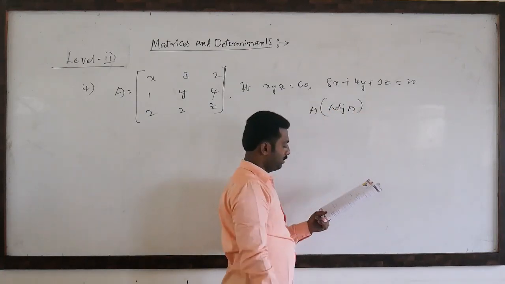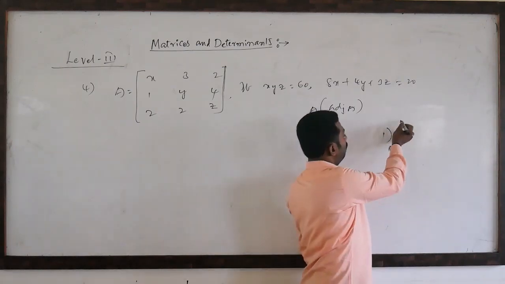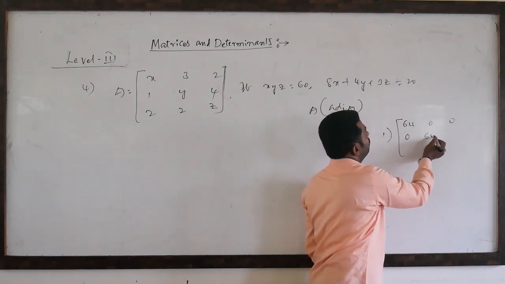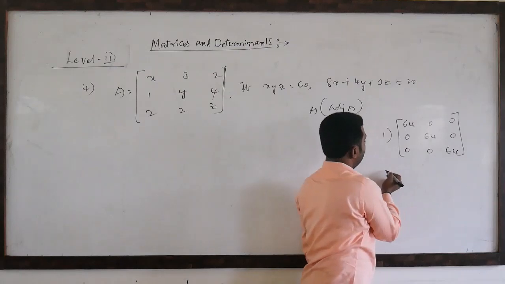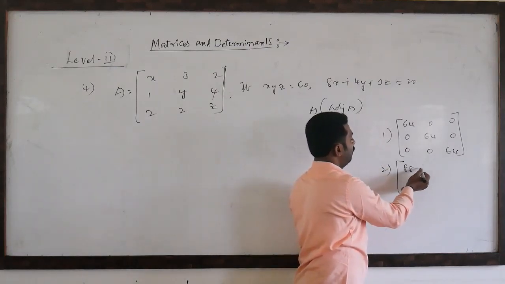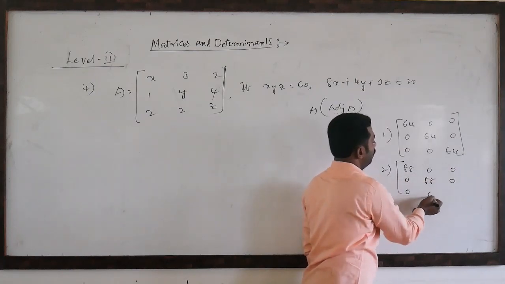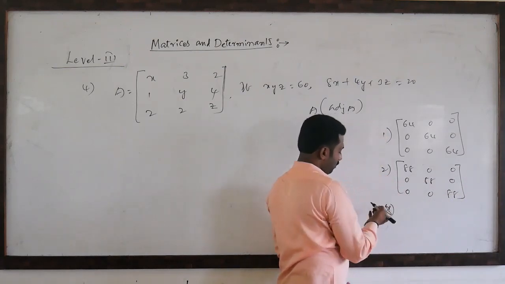They are asking. So 4 options they given: 64, 64 0 0, 0 64 0, 0 0 64. Second option 88, with 88 on the diagonal.